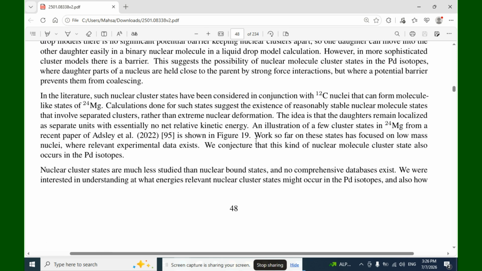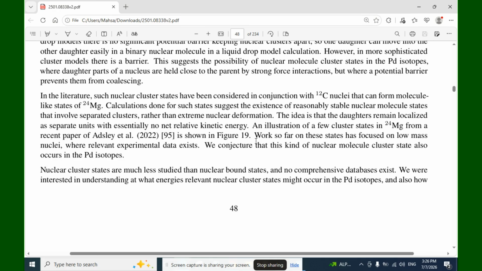The idea is that the daughters remain localized as a separate unit with essentially no net relative kinetic energy. Illustrations of a few cluster states in magnesium-24 from a recent paper by Astley and his colleagues in 2022, reference 95, are shown in figure 19.